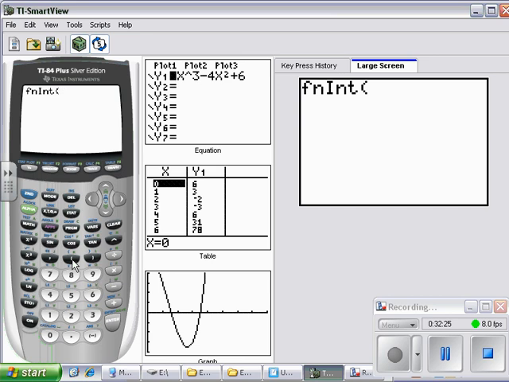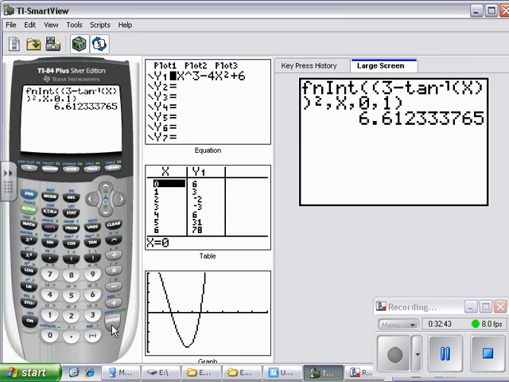We need a parenthesis because we're going to be squaring 3 minus arctan of x. I have to make sure I square it, comma x, comma 0, comma 1. So make sure you square that 3 minus arctan. And we get 6.612. Choice B.